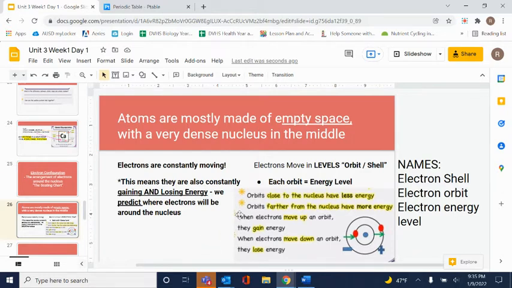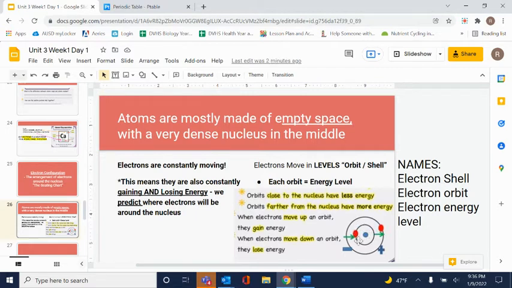So now, each orbit represents an energy level. And if you remember from the notes from last time, I said the closer to the nucleus an electron is, the weaker it is. The further away it is, the stronger it is, because it's like pulling away. Okay? So orbits that are close to the nucleus have less energy. So here's the nucleus in blue.